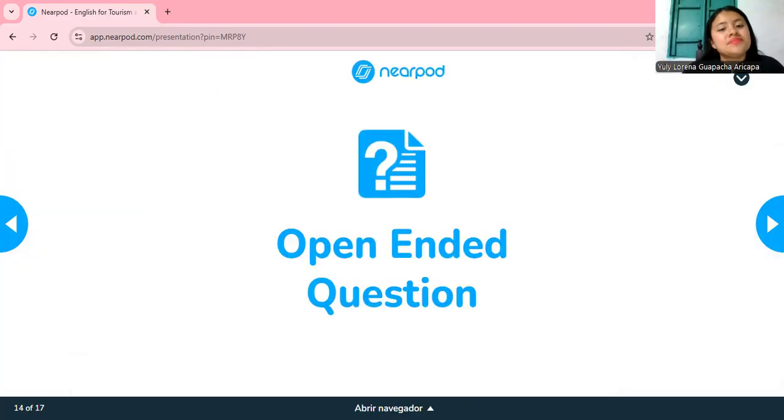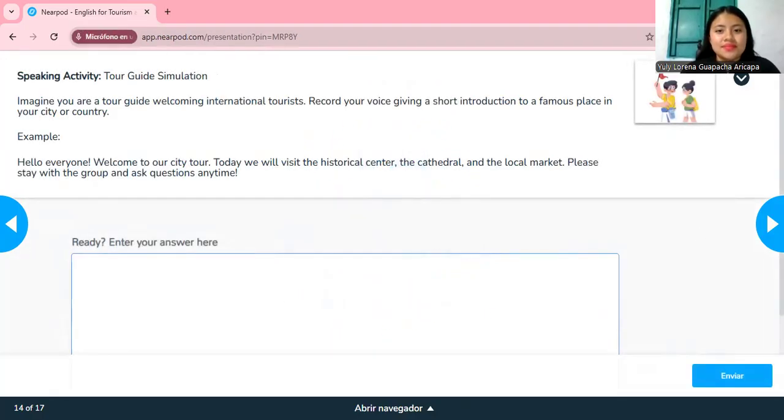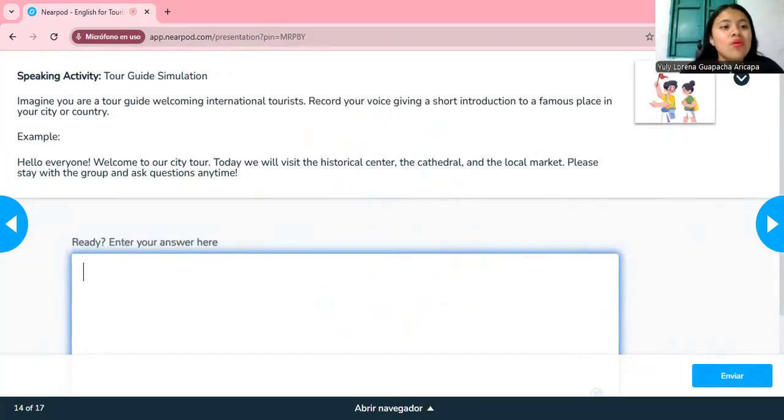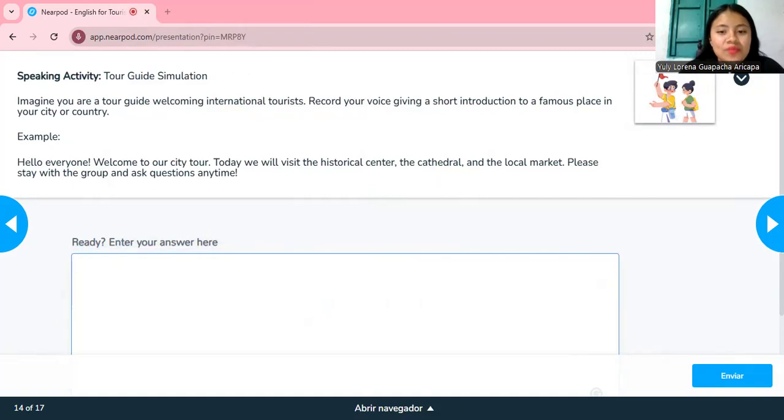And next, in this activity is about speaking. Students will record their own voices simulating a tour guide or a waiter responding to a tourist.